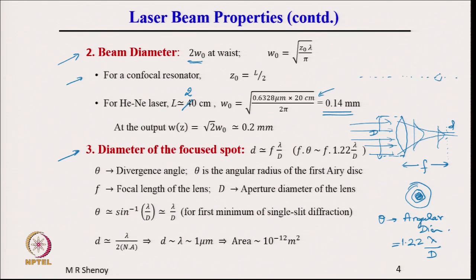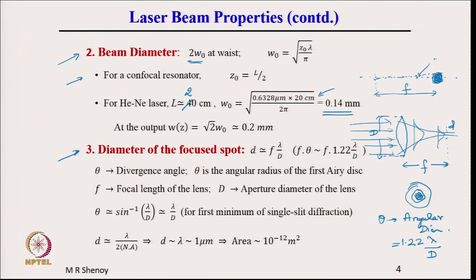Please see this, the spot is formed here. There is a spot which is formed here, let me show it as a big spot, and the angle theta is this, theta corresponding to the first ring outside. This is the focal length f from the lens, and the small angle which is formed here is theta.